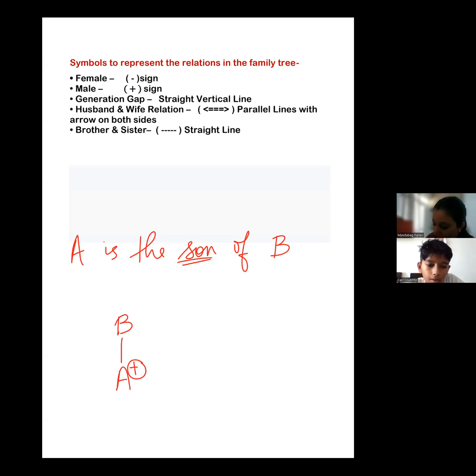Now, if only this much information is given, that A is the son of B, we cannot put any symbol over B, because B can be male or female. B can be the father of A, or the mother.